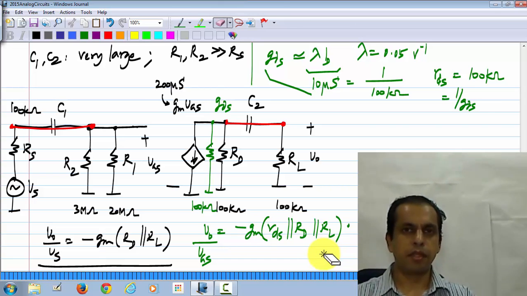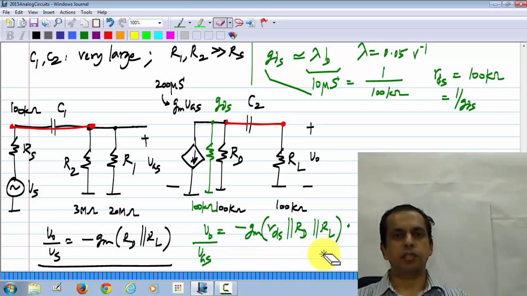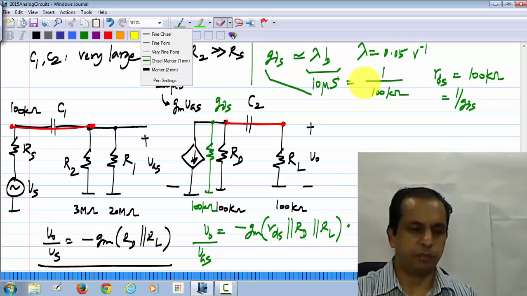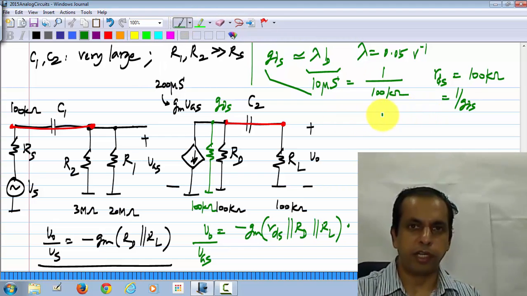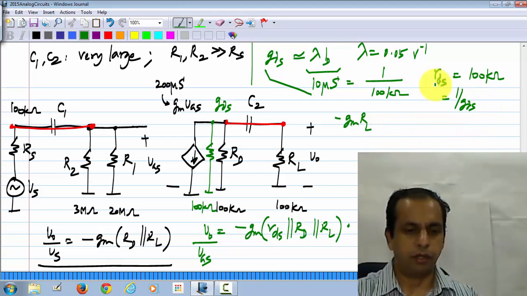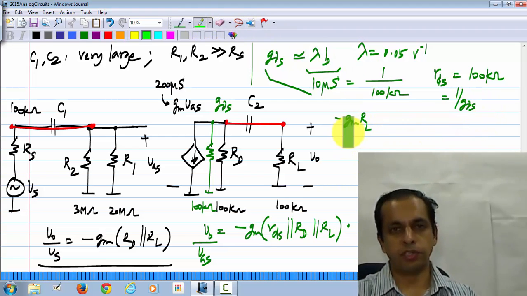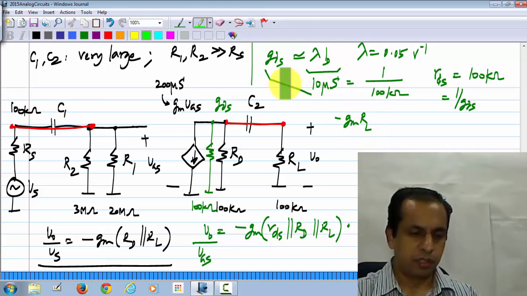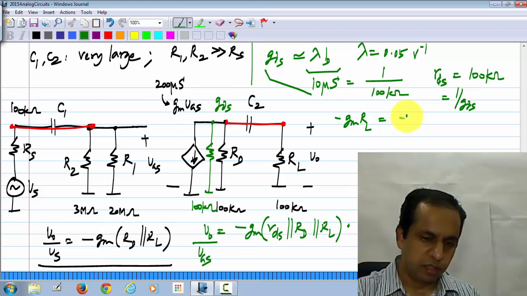Okay. Now, remember, this will only reduce the gain because we have an additional resistance in parallel with RD and RL. If you remember the sequence of events, we started off trying to make a gain of minus GM RL, and for the values of GM being 200 microsiemens and RL being 100 kilo ohms, we will have this value to be 20.